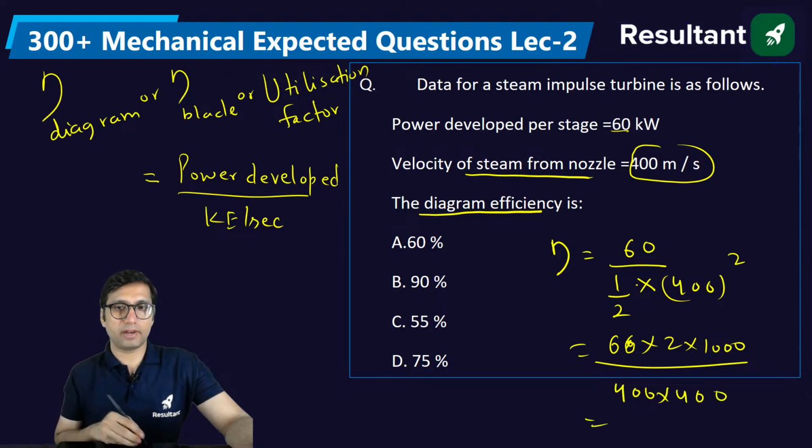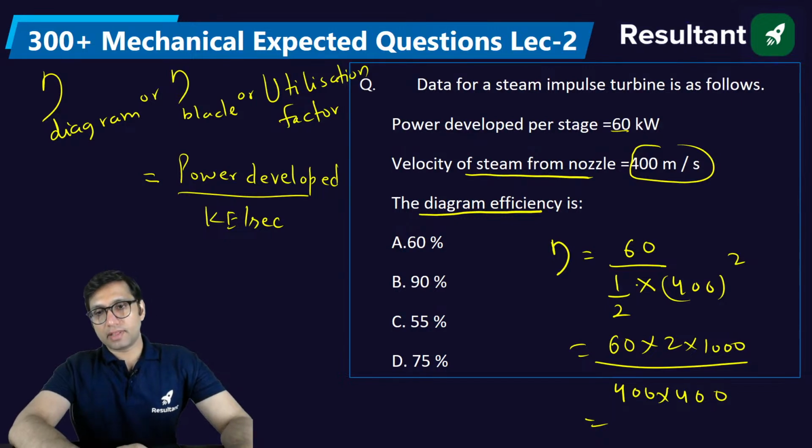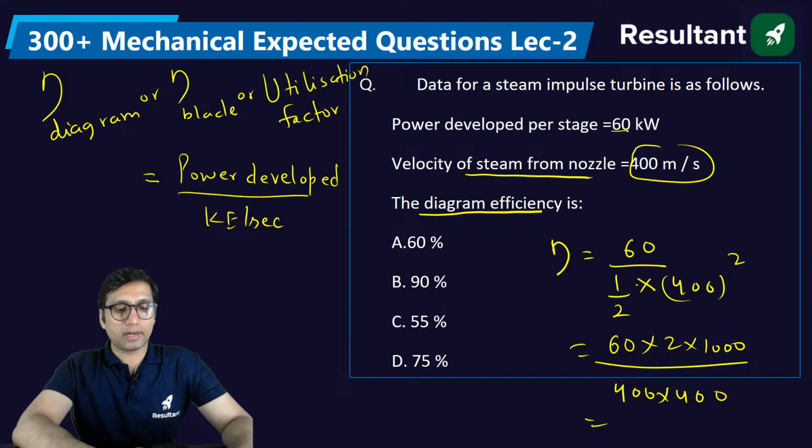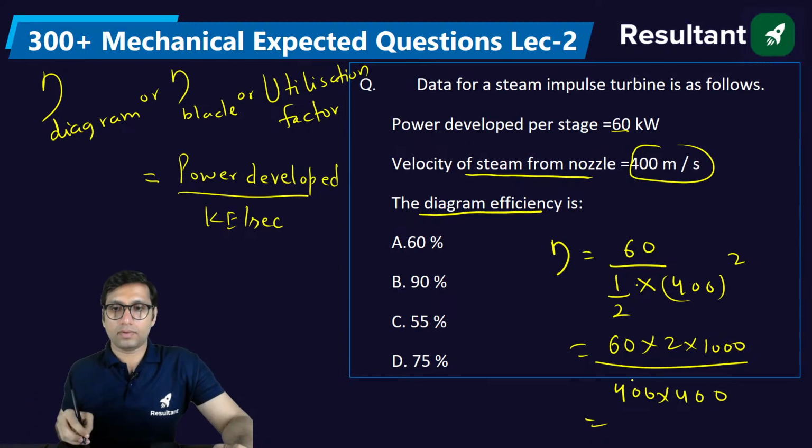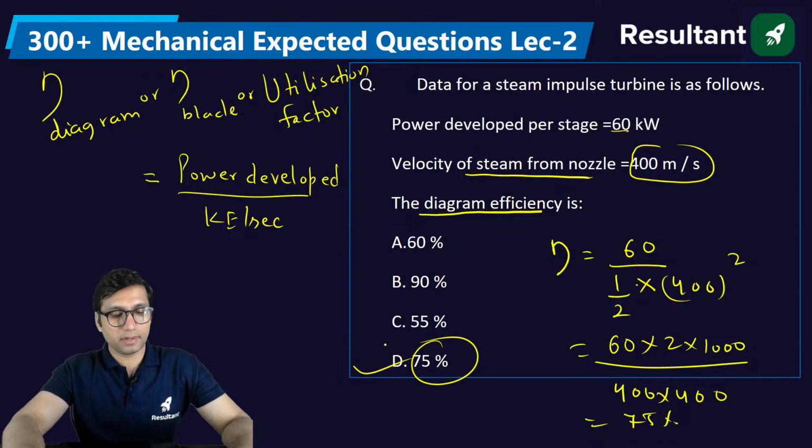Tell me what value you are getting. Why did I multiply with 1000? Because the kinetic energy will be in watt, not kilowatt, so we have to convert this into watt. So that will be 75%, if we solve it.